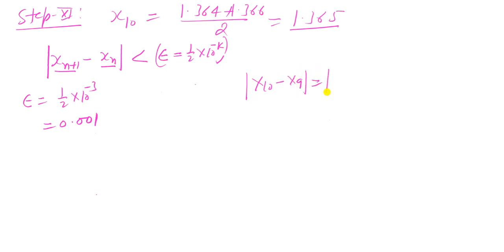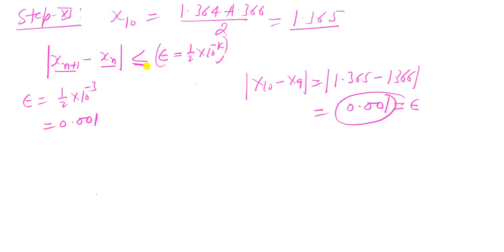So this value is equal to 1.365 minus 1.366, and this is equal to 0.001, and this value is exactly equal to the error. So in that case this is less than or equal to error, and error is equal to 1 upon 2 into 10 to the power minus k.